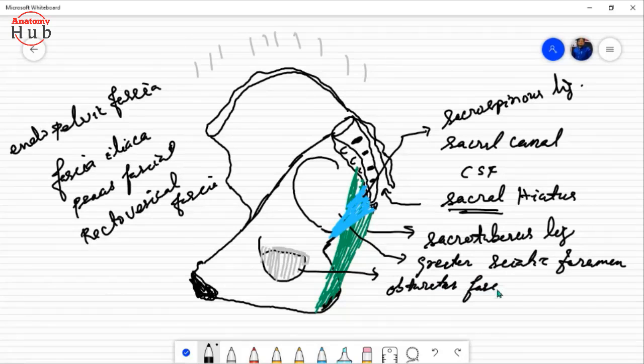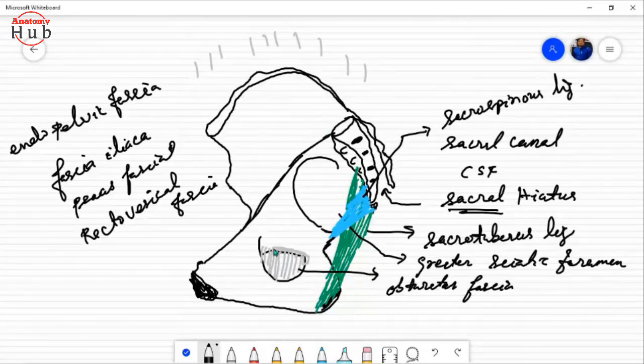This obturator fascia is nothing but the derivation of your thoracolumbar fascia, and this thoracolumbar fascia makes the endopelvic fascia, and this endopelvic fascia is renamed according to its position. At the iliacus muscle, fascia iliaca; at the psoas muscle, psoas fascia. Like that, here you'll find the obturator fascia.